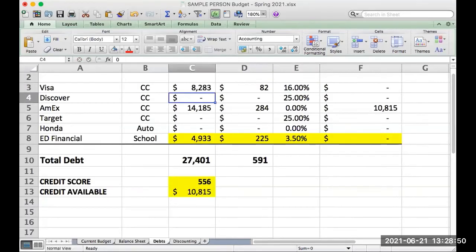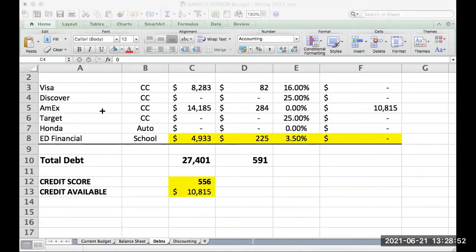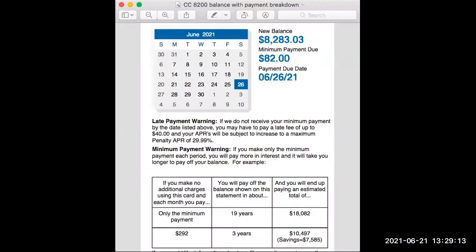Now, this one does not show your available credit. It's probably there somewhere. I did not see it on the data I was given, so I don't know what it is off the top of my head. The last thing, I don't want to make this video too long, but I will share something from the previous screen.